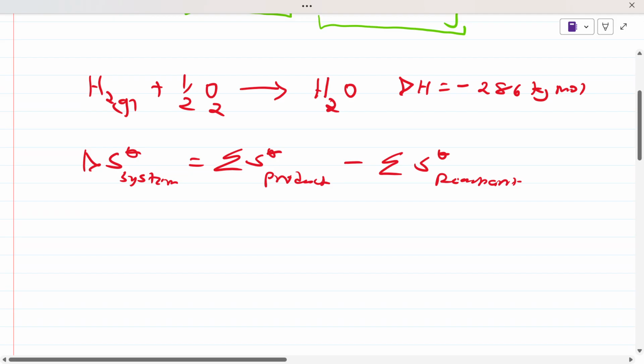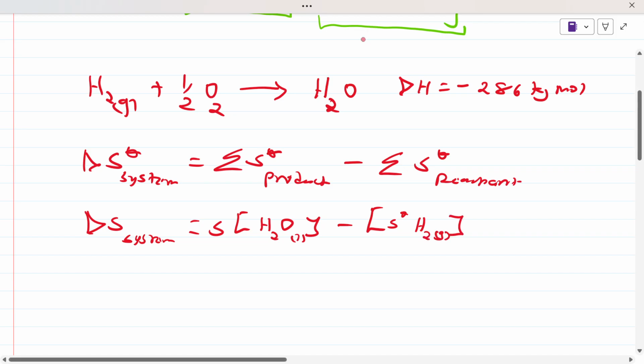So I need the entropy of the product, which is the water molecule in liquid state, minus the entropy of hydrogen gas, minus a half, because I used only one atom of oxygen, entropy of oxygen gas.